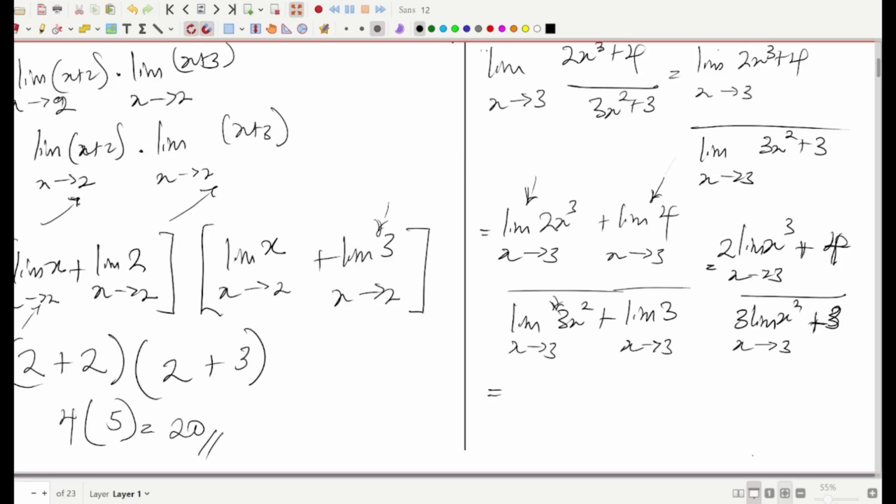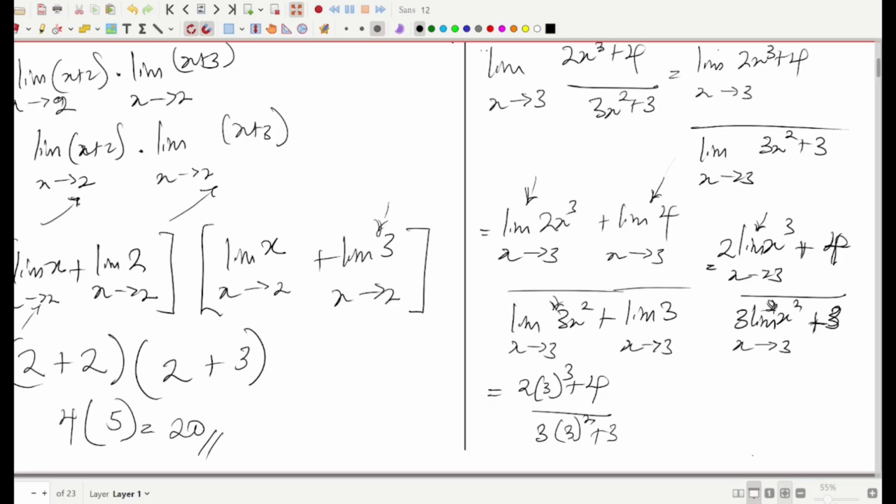So what do we have? We can do direct substitution. X approaching 3, so substituting 3, we'll have 2 multiplying 3 raised to the power 3 plus 4, divided by 3 multiplying 3 raised to the power 2 plus 3, because we have x squared here.